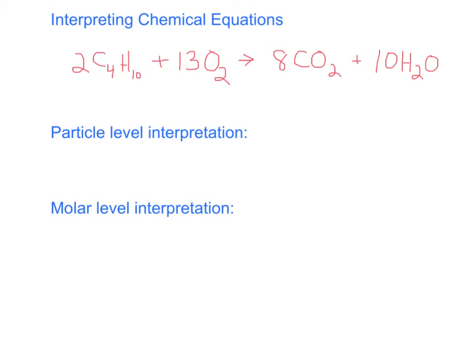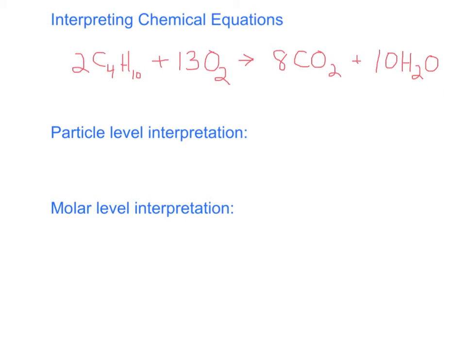And a molecule of butane would be 4 carbon atoms hooked up with 10 hydrogen atoms, but we can also scale that up. These coefficients are relative amounts that apply to any measure of amount, so we can interpret that most often. We can do it as dozens. 2 dozen of these react with 13 dozen of these to produce 8 dozen and 10 dozen.